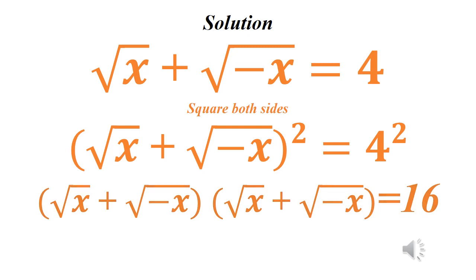Now square root of x plus square root of minus x equals 4. If we square both sides, then we have open bracket square root of x plus square root of minus x close bracket squared equals 4 squared. Then if we expand square root of x plus square root of minus x squared, that is in two places, we have square root of x plus square root of minus x multiplied by square root of x plus square root of minus x, then equals 16. 4 squared is 16.